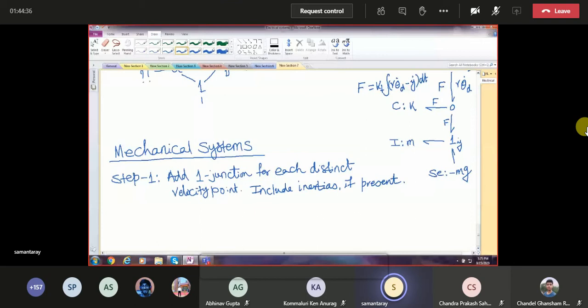Forces, if you have, put it there. Then in step 2, model all other impedances by taking relative velocity.